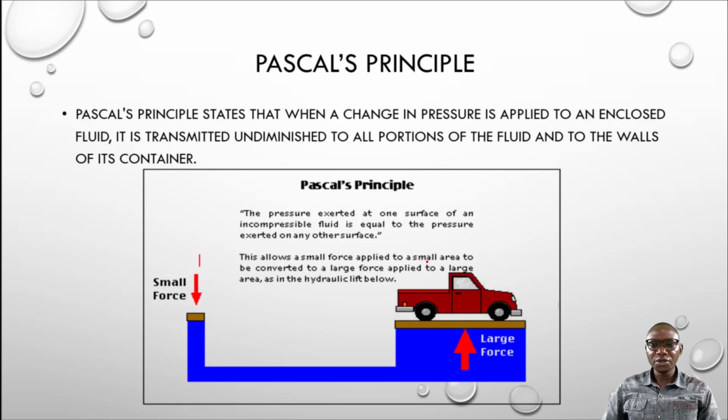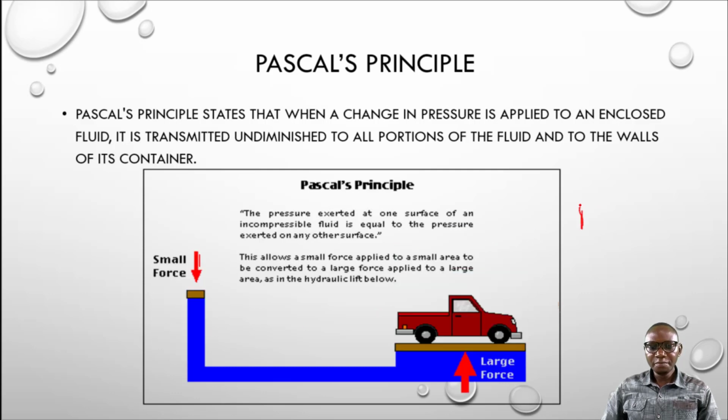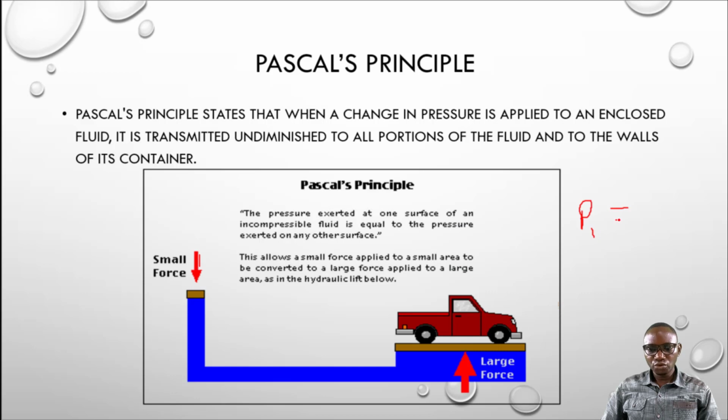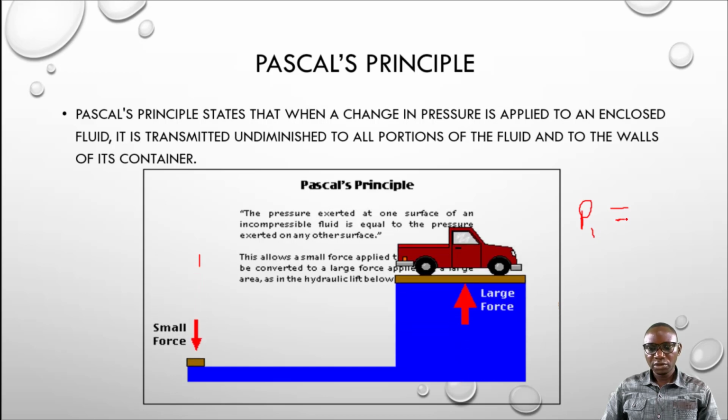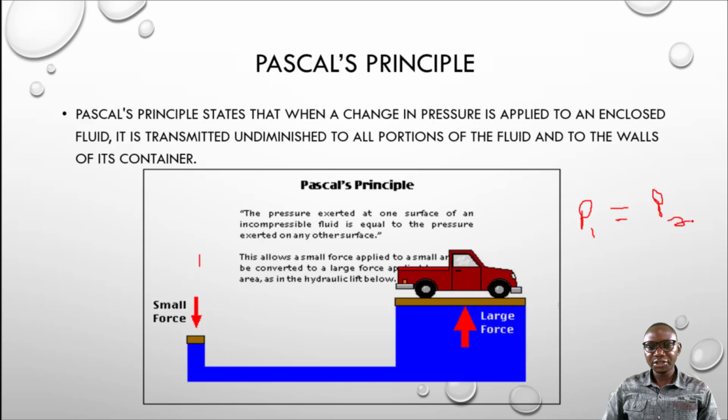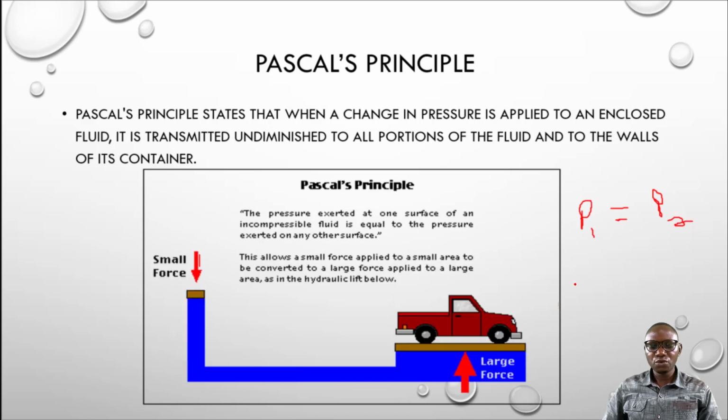So from this place, what is happening here is that pressure at the small point is equal to the pressure at the bigger point. So P1 equals P2.